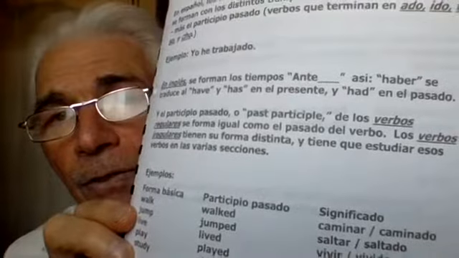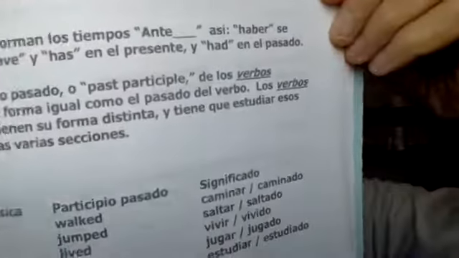And then I introduce the term past participle, participio pasado, which is specifically designed to help people with the perfect tenses. And because it is in the past, there are also many irregular past participles, and I have a special section on those.